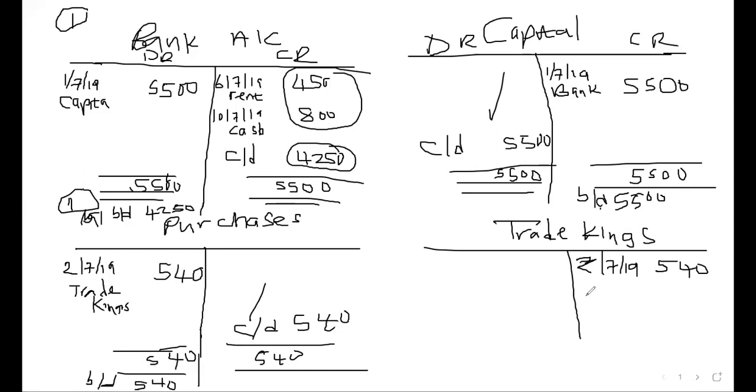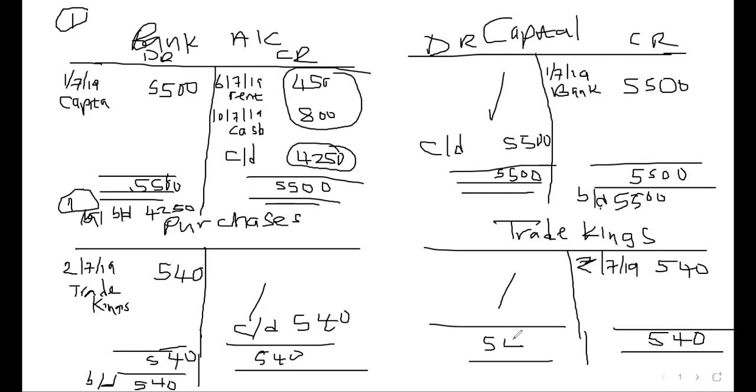Okay, let's go to TradeKings. Of course, we know TradeKings, we bought items from them on credit, so they are our creditors. Here is nothing, so we put 540 here, and then here, forcing matter, put 540. So our carried down will be where it is nothing, 540. Then our brought down will be 540 on this end.